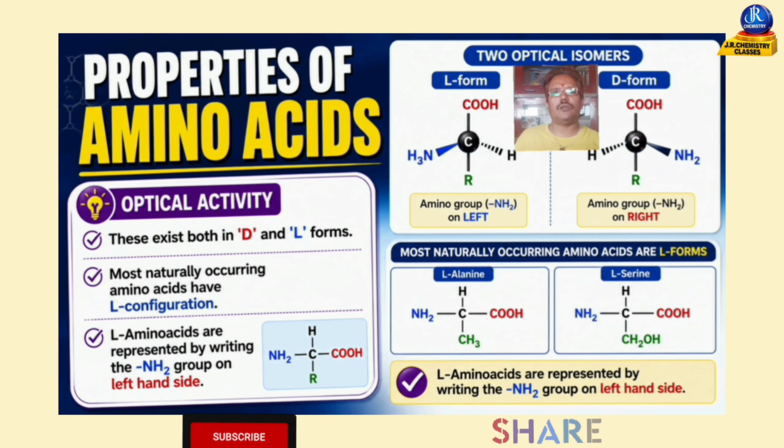These exist both in D and L forms. Most naturally occurring amino acids have L configuration. L amino acids are represented by writing the NH2 group on left hand side.